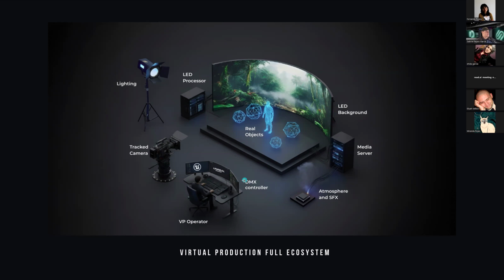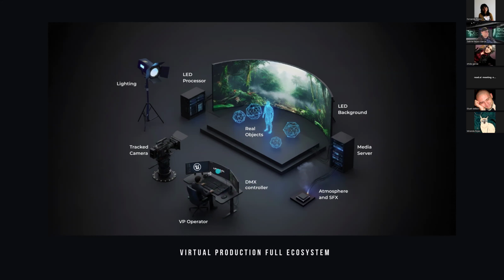And we have also an element named DMX controller that helps to match and make everything automatic between the physical practical lights and the virtual lights. So this is very interesting also.